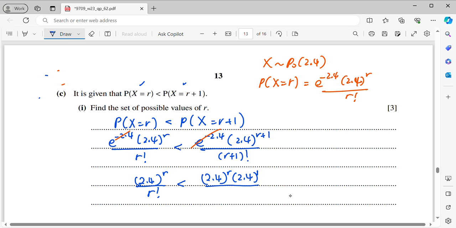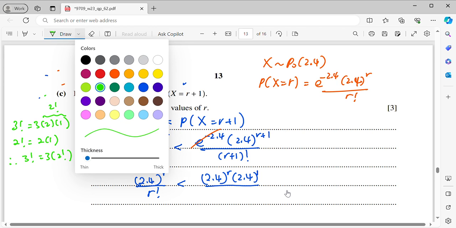Now the r plus 1 factorial, just for your information, if it is 3 factorial, I will get 3 times 2 times 1. Then if it is 2 factorial, it will be 2 times 1. So from here, I will say that this 2 times 1 is basically 2 factorial. In other words, 3 factorial is 3 times 2 factorial.